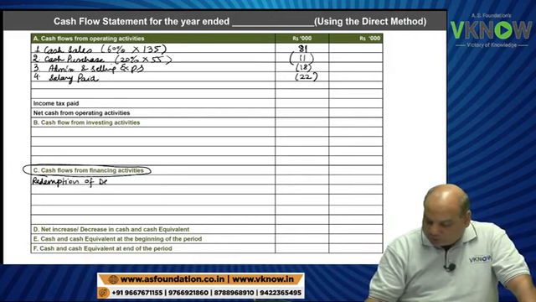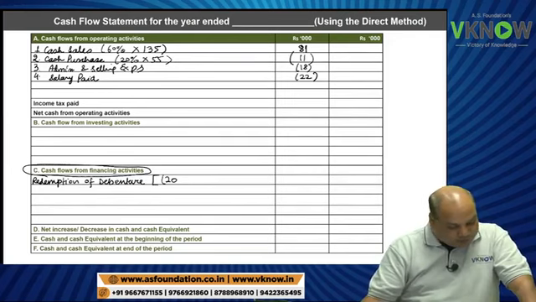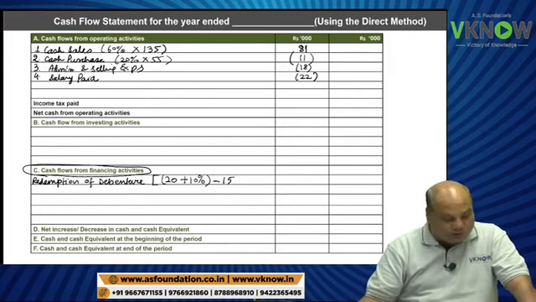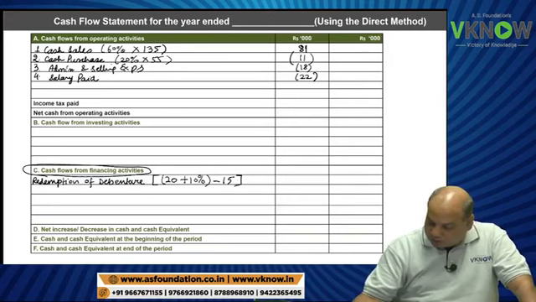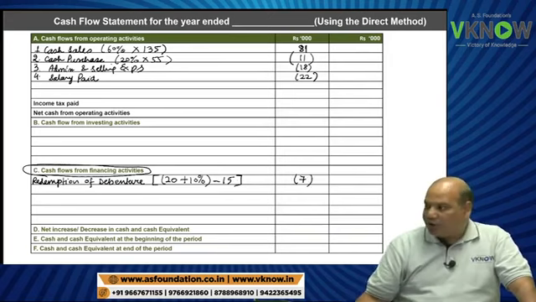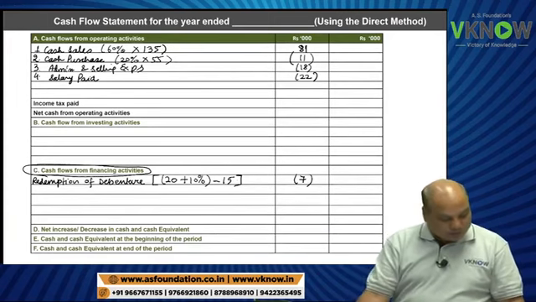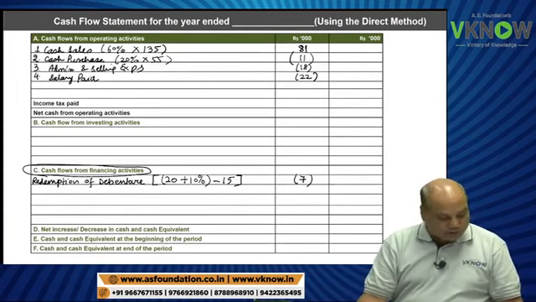Redemption of debentures. Debentures outstanding is 20 crore and we have to pay them 10% premium, 22 crore. Out of 22 crore, 15 crore was discharged by issue of equity share. So the remaining amount paid in cash, 7 crore in financing activity.